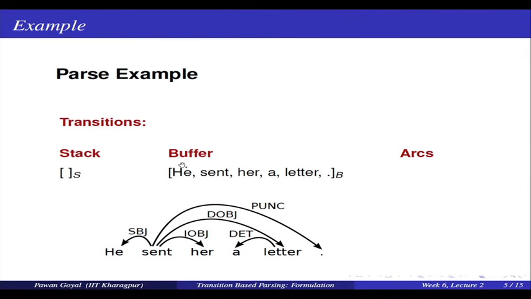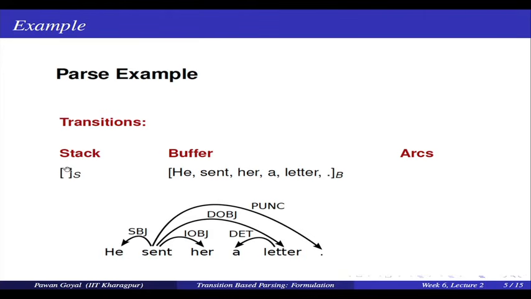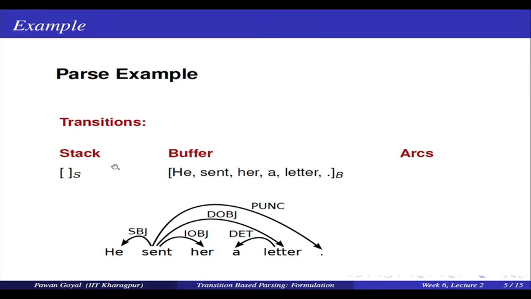Left arc means an arc from he to a word in stack. There is no word in stack, so there cannot be any dependency relation. Similarly, right arc is not possible because there is no word on the top of stack. I cannot do reduce because again there is no word on the top of a stack. So, the only transition possible is shift. I can take the top word in the buffer and move that to the stack, and this is what I will do. I will take the transition as shift.